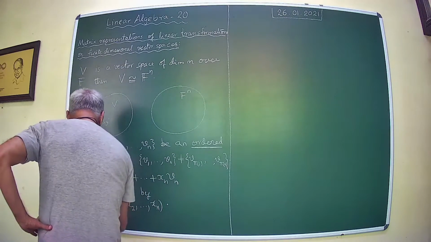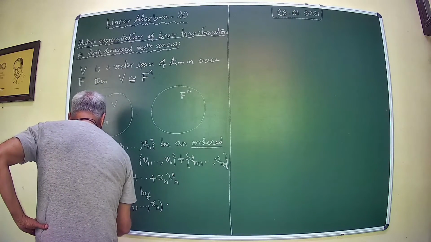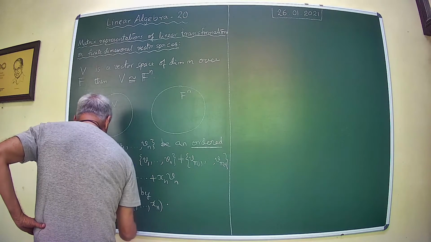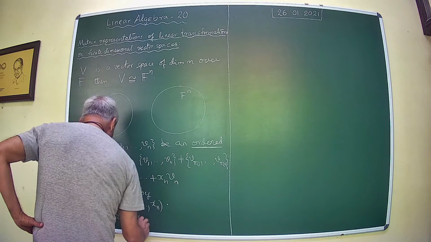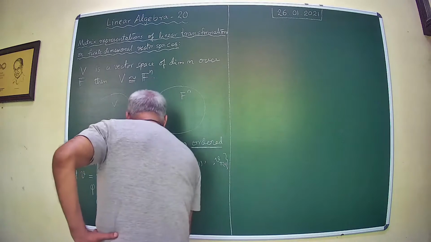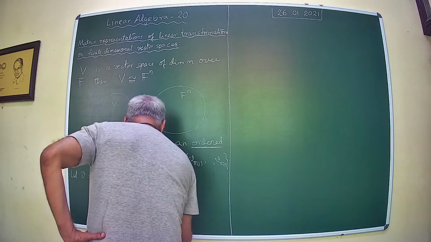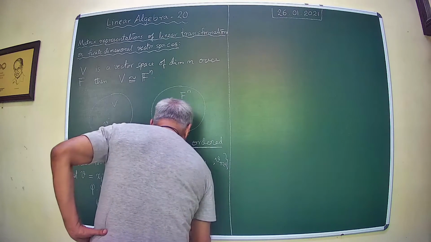So let us denote by x, which belongs to F^n, phi of v.